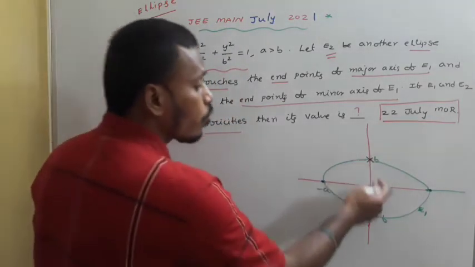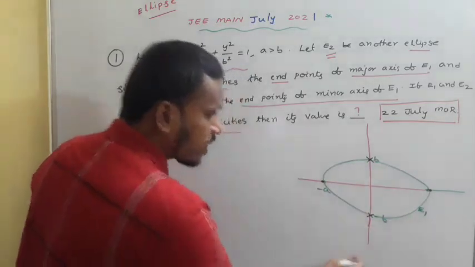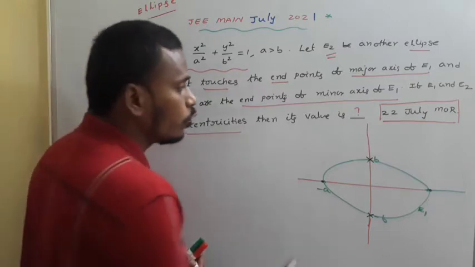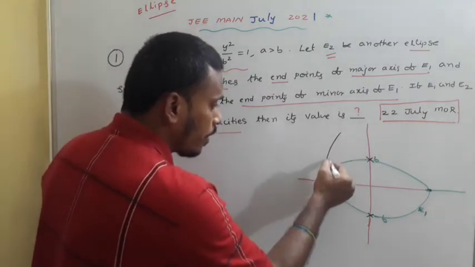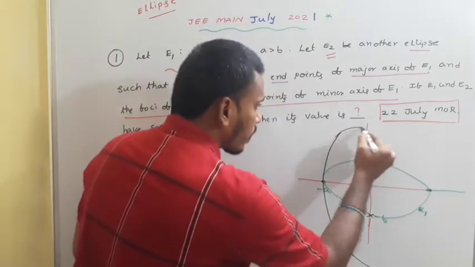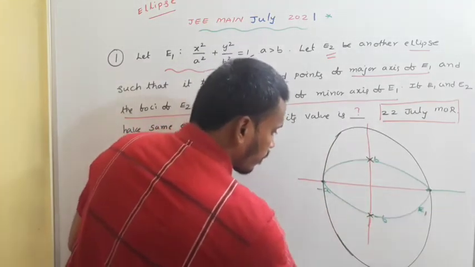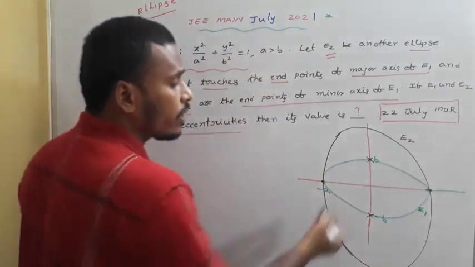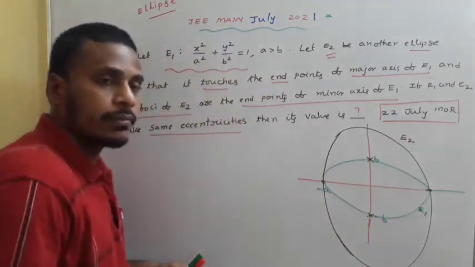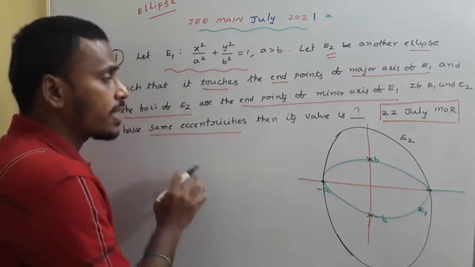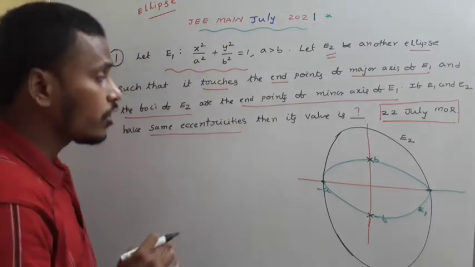So since these 2 are the foci, this is the axis, or we may say major axis, for the second ellipse E2. So if you sketch, that ellipse may be like this. So this is E2. For the E2, these 2 are the foci points. So the task is about finding the eccentricity value. As they said, eccentricities are same for these 2 ellipses.